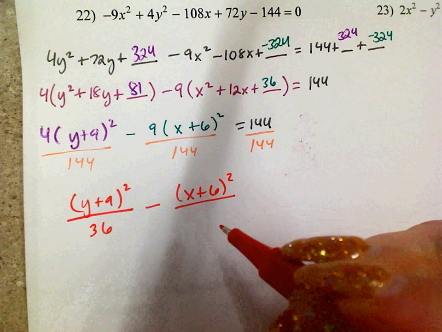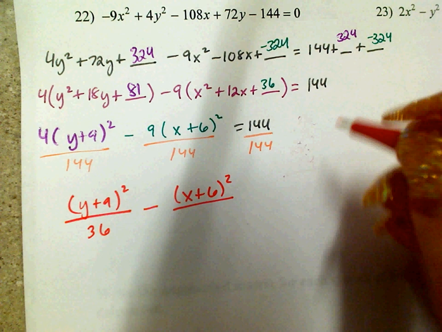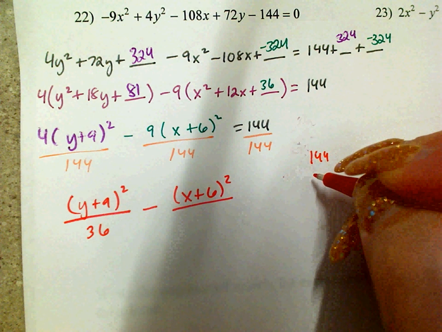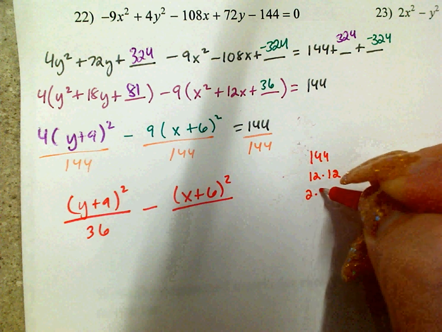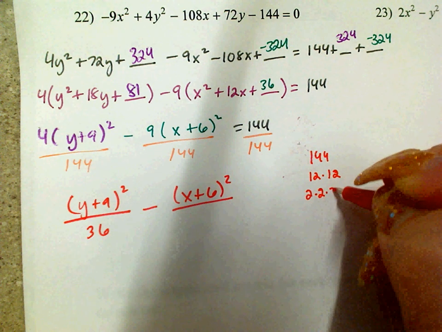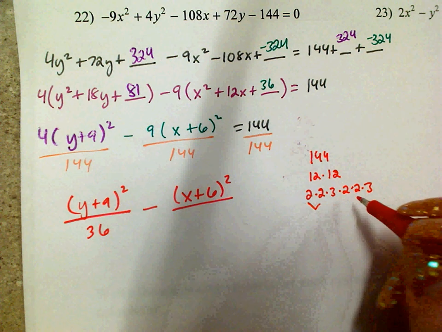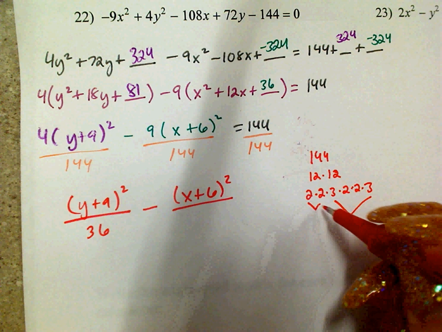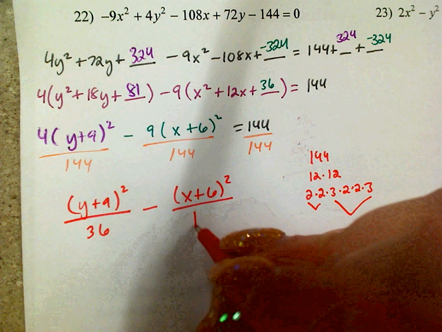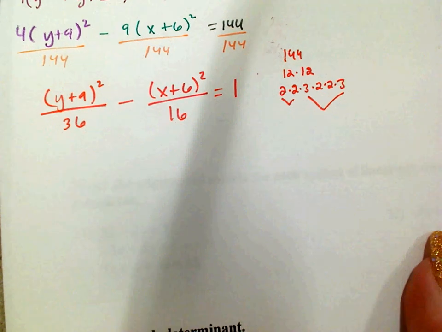So for 144, I'm just going to do some math real quick. 144 is 12 times 12. That means it is 2 times 2 times 3 times 2 times 2 times 3. So it is 4 times 9 times 4, which is 36, and it is 9 times 16. Good. Okay. Equals 1.